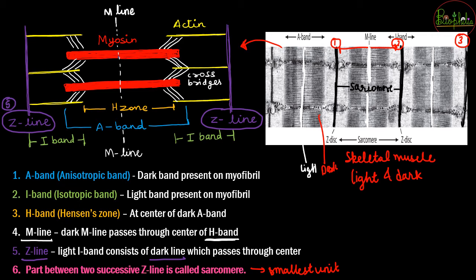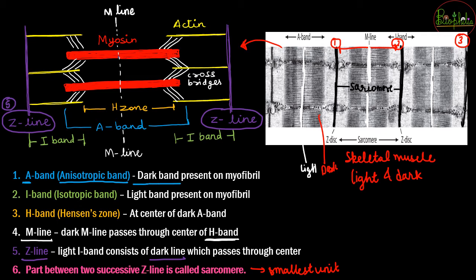Now we come to the next part, that is the A band. अब A band किसको बोलते हैं? A band is short for the anisotropic band. A को क्या है? A is nothing but the anisotropic band. And where is the anisotropic band? It is the dark band.